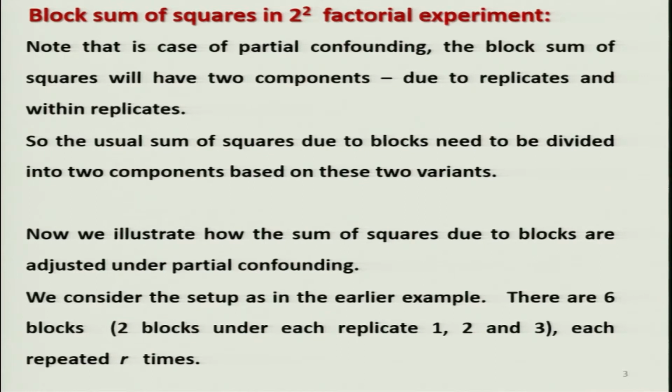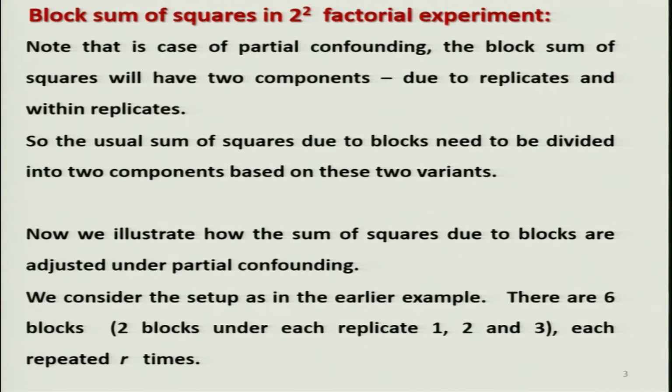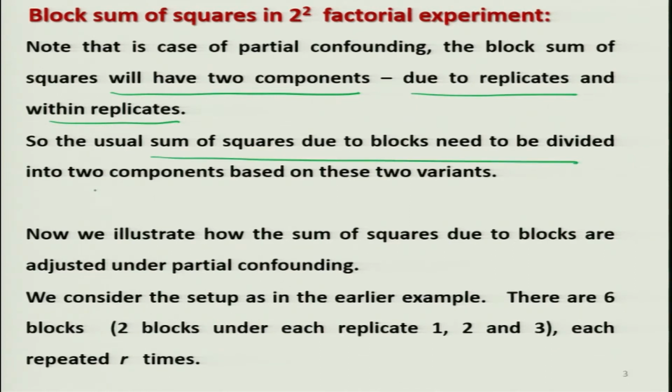You can see that the blocks have been divided into two types of blocks, in the form of replicates, and then they are being repeated. So, the block sum of squares will have two components, due to replicates and within replicates. The usual sum of squares of blocks that we used to consider earlier needs to be divided into two components based on these two variations.